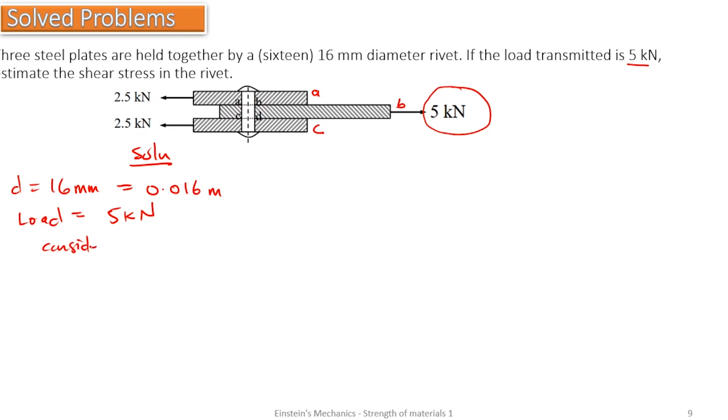And if I'm to draw, I'm considering bar A, the first bar. This is what I'll get. I'm going to get the bar in this form, shaded with this force 2.5 kilonewtons, and the rivet.